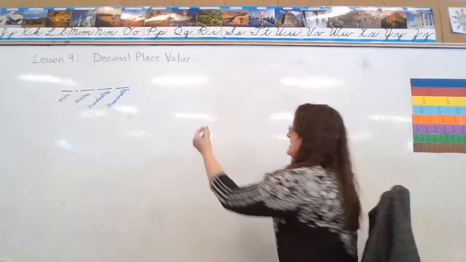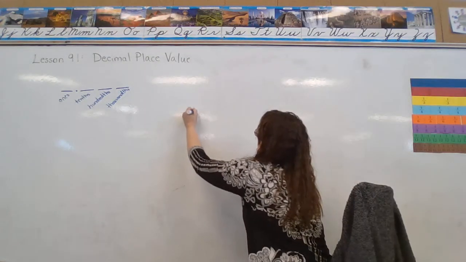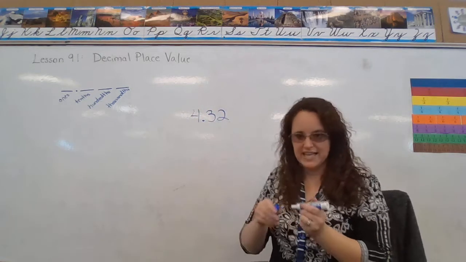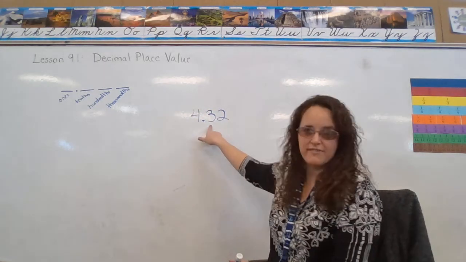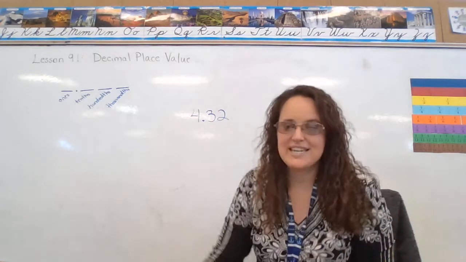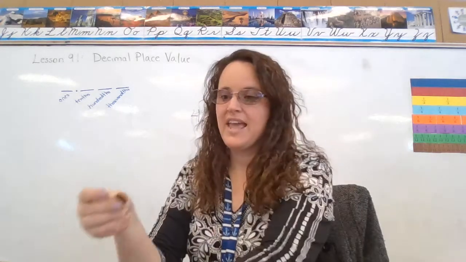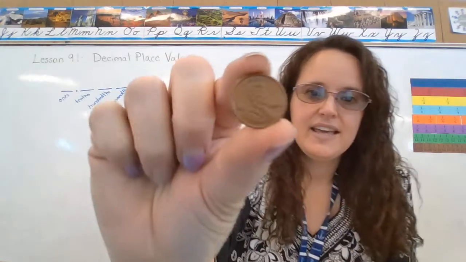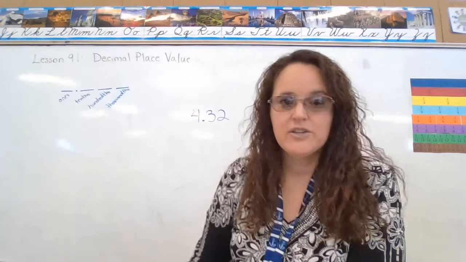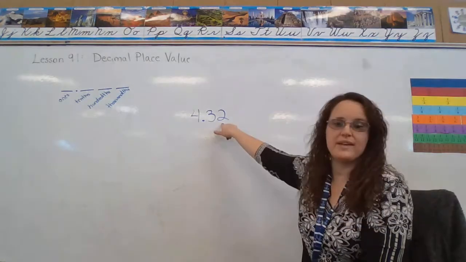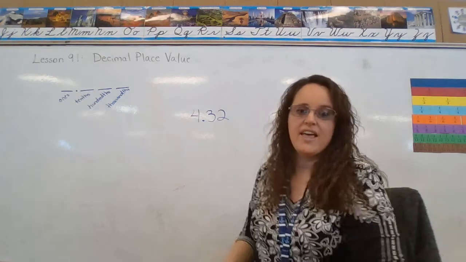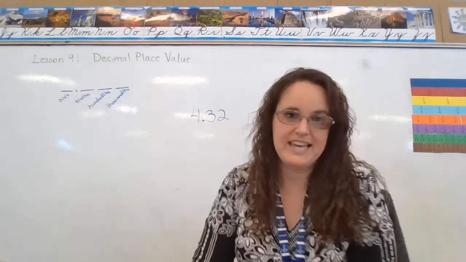When we write money, let's say we have $4.32. Here we're saying we have 3 dimes because there's a 3 in the tenths place. A penny is 1/100th of a dollar. So the pennies, here we have 2 pennies if we have 32 cents. The pennies are in the hundredths place.